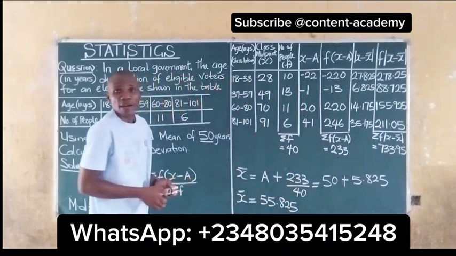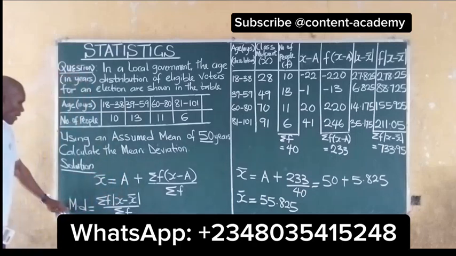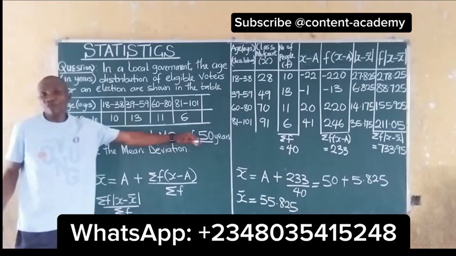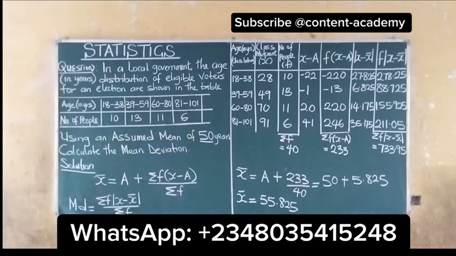Now that is what we have. The next thing to do is to compute our mean deviation, given an assumed mean of 50.